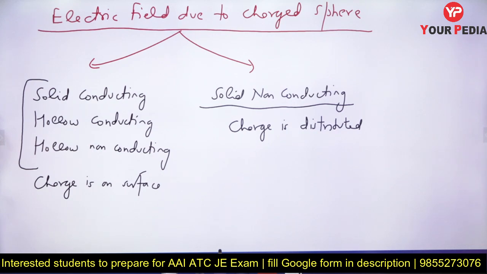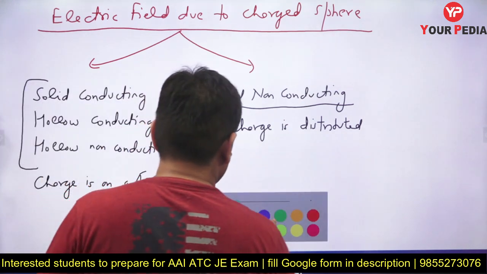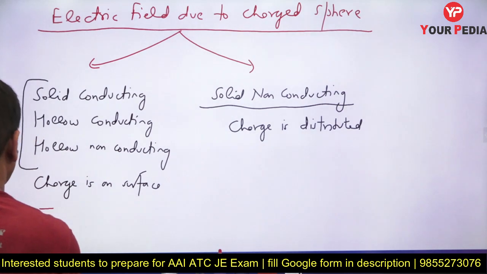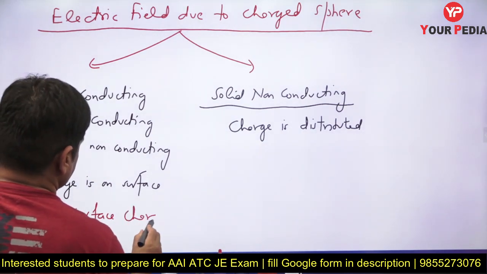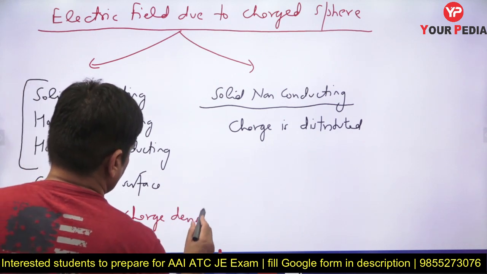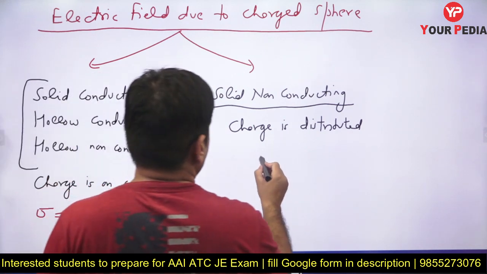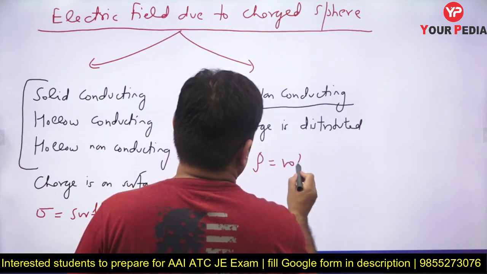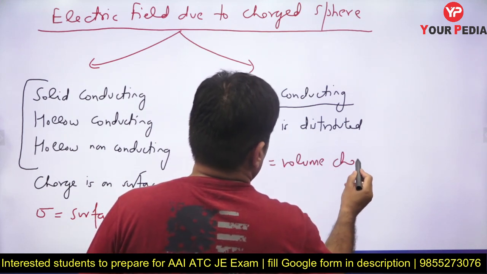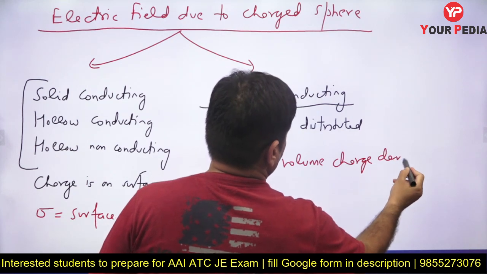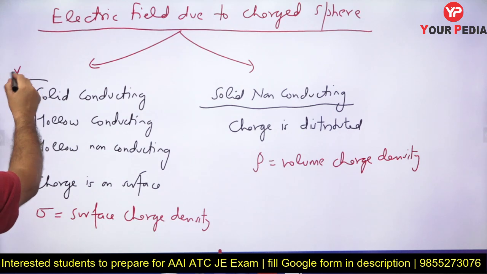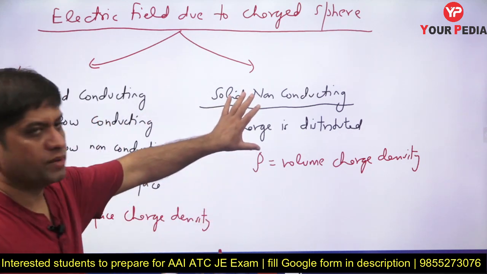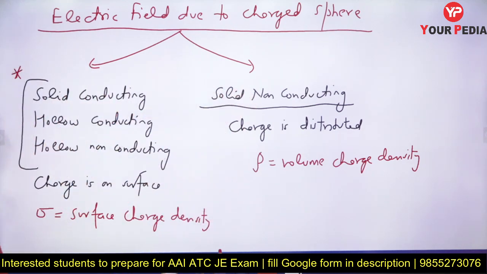Now let's go first. Here he will give you again an analogy. In this case he will give you the surface charge density, charge per unit area, and here volume charge density will be provided. And remember, this case is more important compared to this case. This one is more important.